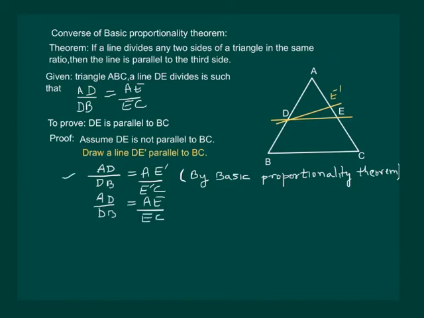Both these imply that AE dash by E dash C should be equal to AE by EC.